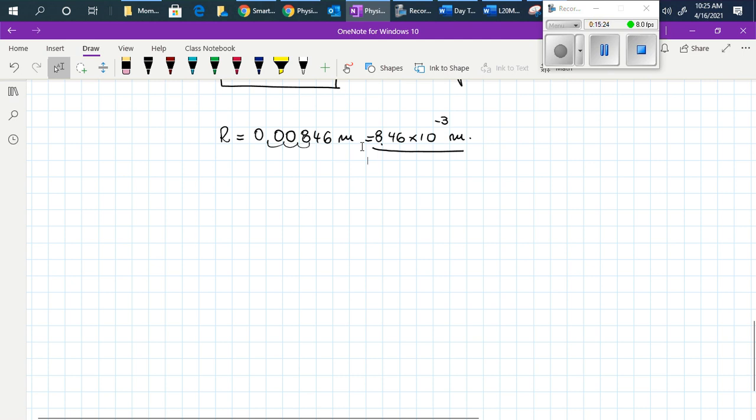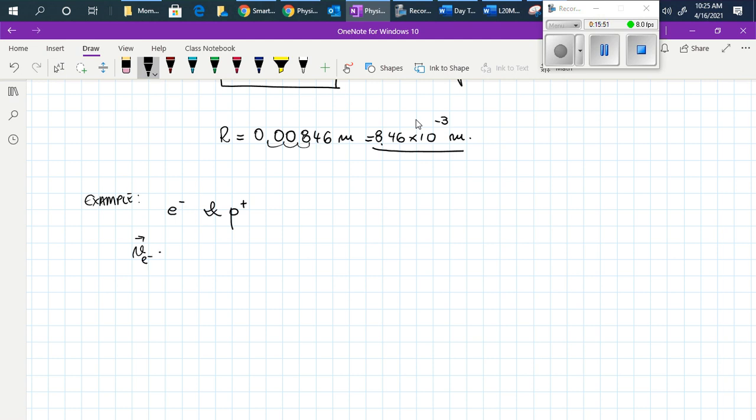Now let's take a look at a second example. When we are in the same field, two particles are entering, electron and proton, and then we will see what is happening with them. So the electron and proton are entering into a magnetic field with the same velocity.